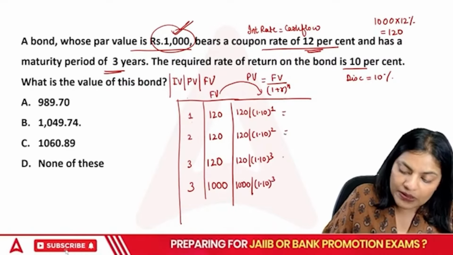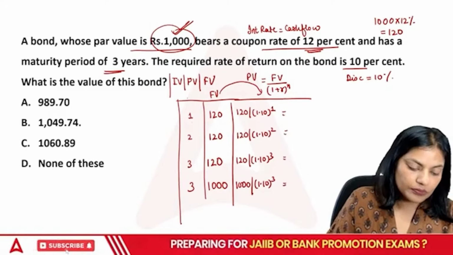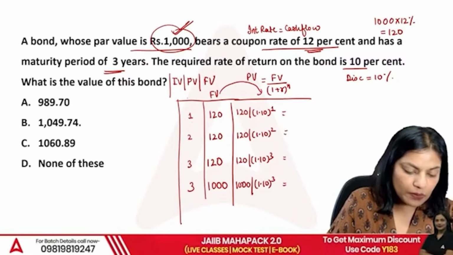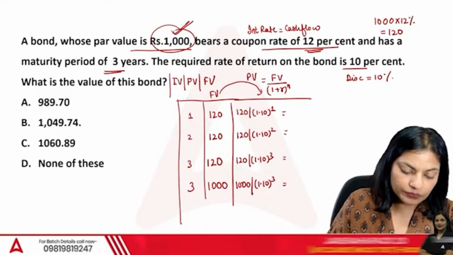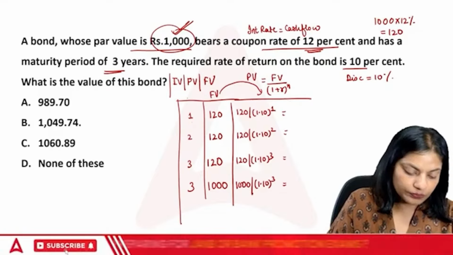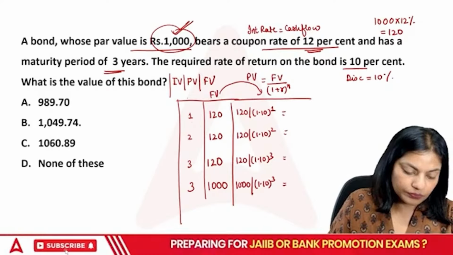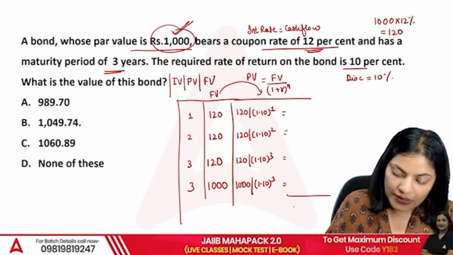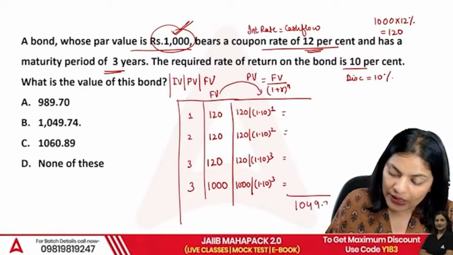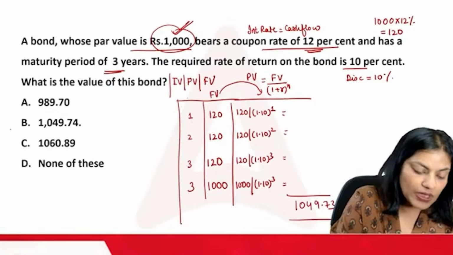Now, what would be the present value? The value comes as 1049.73. That's option number B.